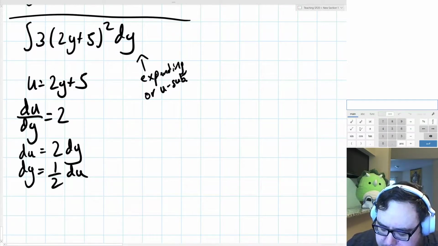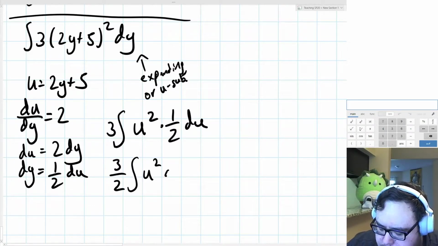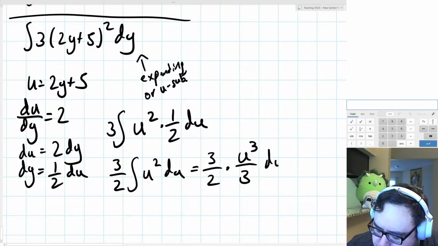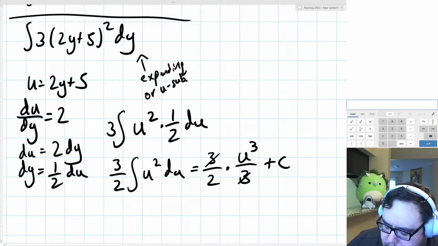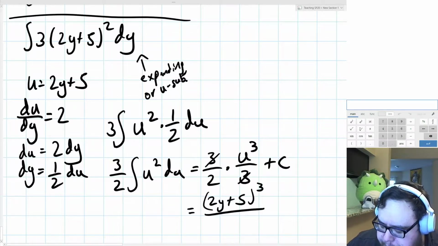We can plug in our substitution here. I'm going to pull this 3 out front. So that'll be u squared times 1/2 du. So that's 3 over 2 times the integral of u squared du. So that'll end up being 3 over 2 times u cubed over 3 plus constant. And the 3's here can cancel, giving us (2y plus 5) cubed over 2.